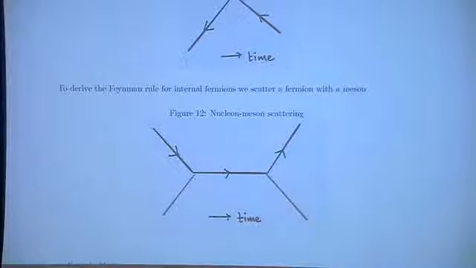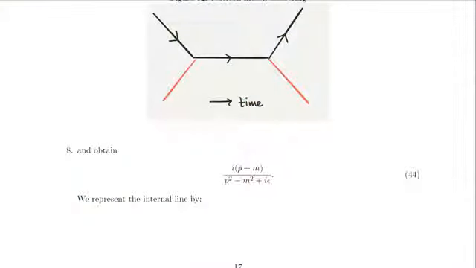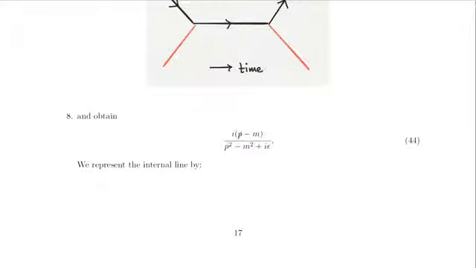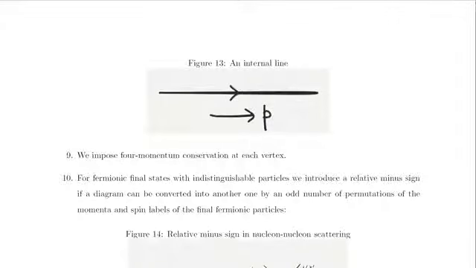If you do that, you find that this is your internal propagator for the fermion. And the internal line is just represented like that.